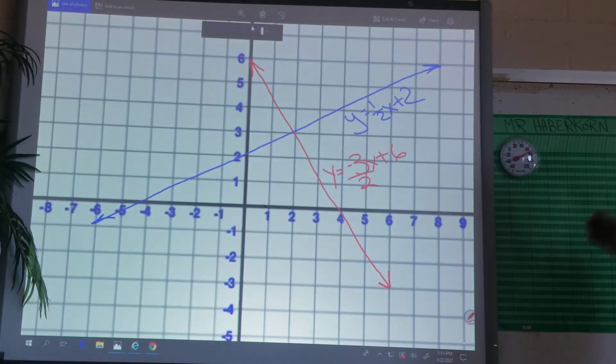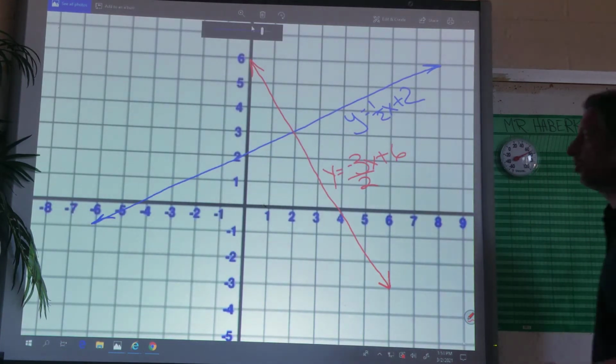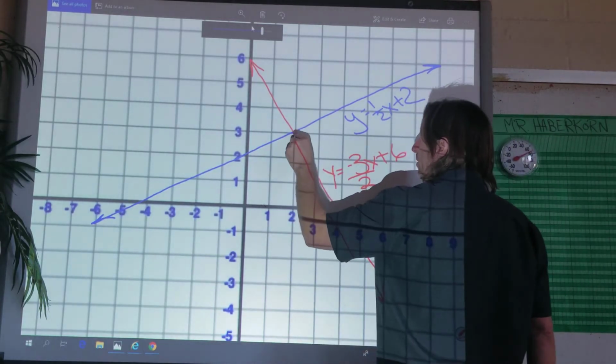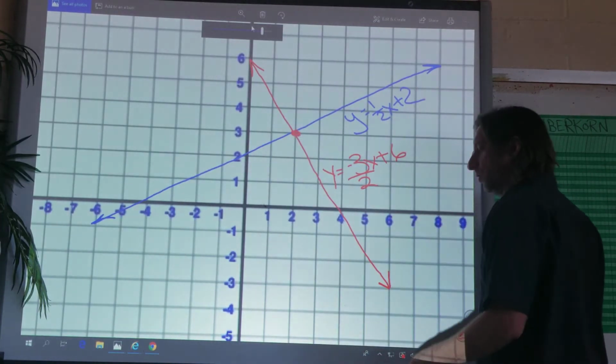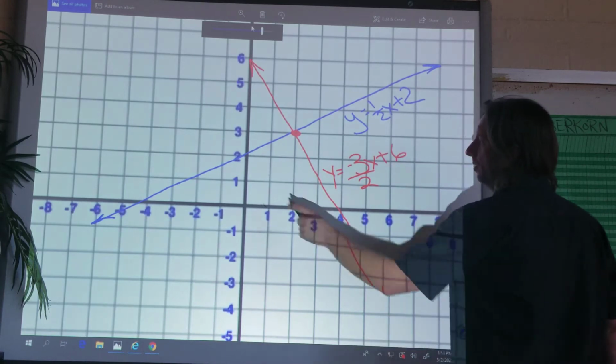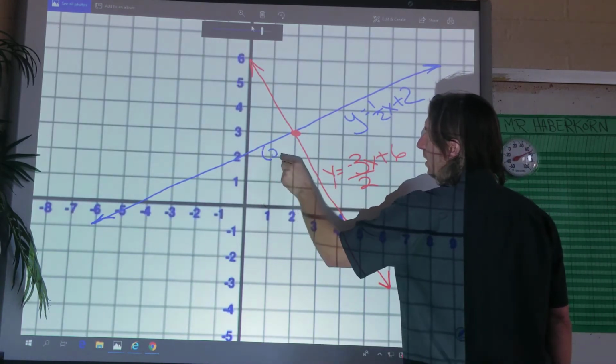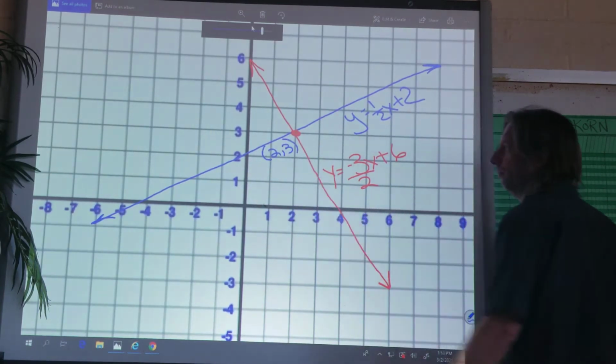And then the solution to these is just this point, right here, the point where they cross. So our solution is just 2 comma 3, it's just a point, okay?